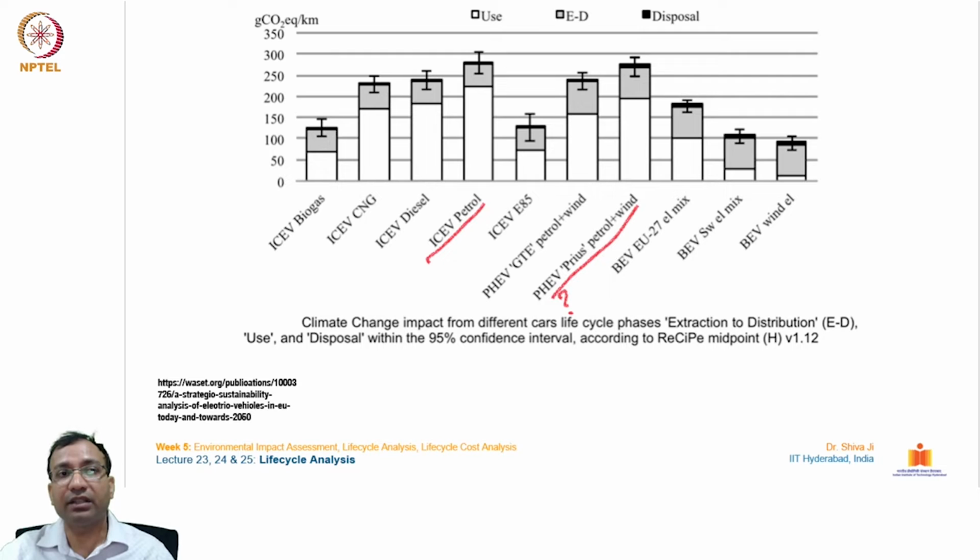Here, if you see this table, it talks about the climate change impact from different cars' life cycle phases, from extraction to distribution, use, and disposal, within the 95% confidence interval, according to the ReCiPe midpoint method. It is an analytical basis on which they have drawn this graph.